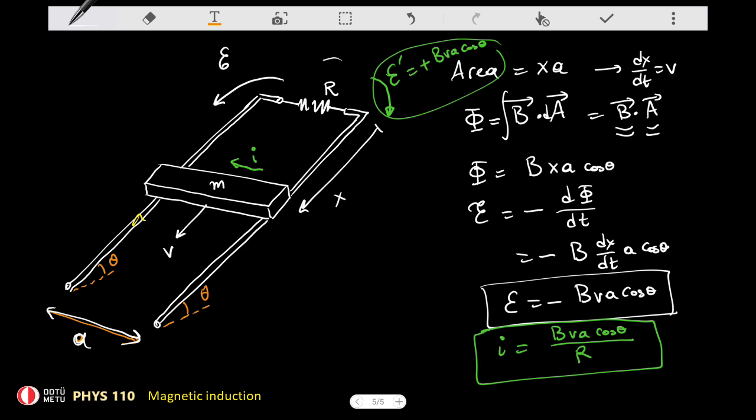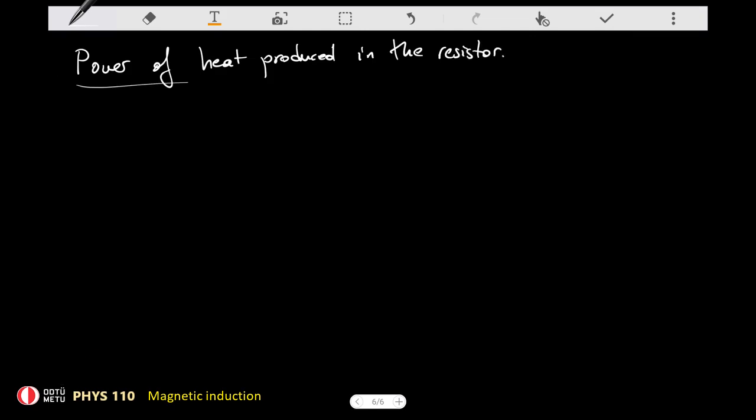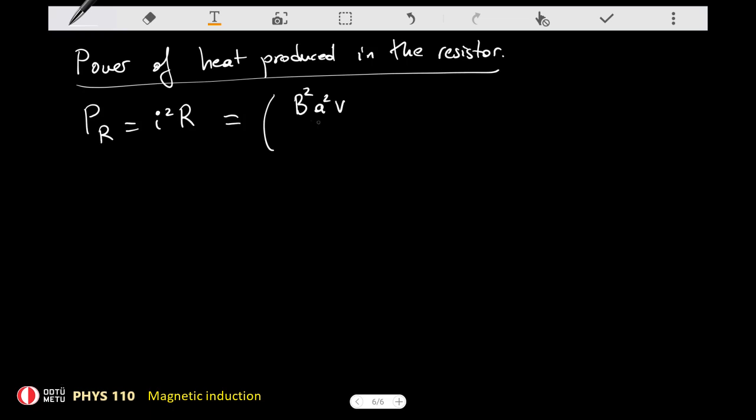Let me start with the resistor, the power of energy dissipated on the resistor. Power of, let's say, heat produced in the resistor. That's basically I squared R. What was the current? It was B squared A squared V over R times cosine theta.